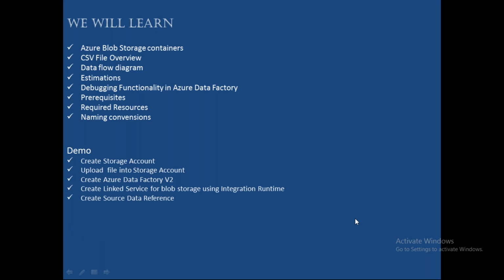Next, create the source data reference. In my storage, I will create two containers. One container is called input, another container is called output. I need to read data from the input container and load it into the output container. So here my reference points are two different reference points.